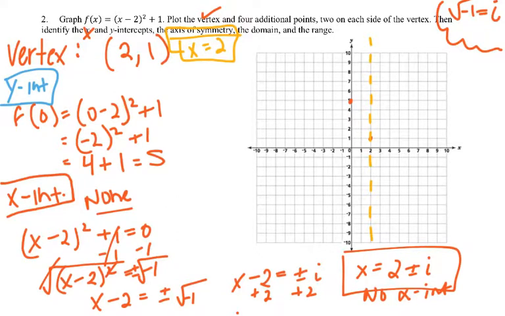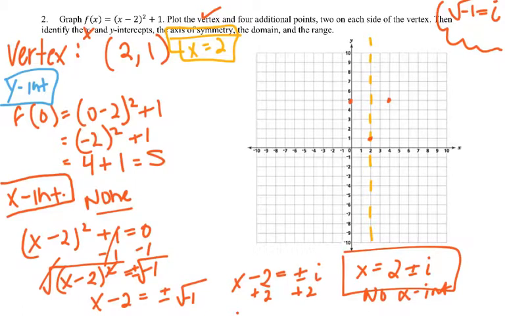Because if I know that I have 0, 5, which is 2 points away from our axis of symmetry to the left, I would also have the point 2 points away from the axis of symmetry to the right at that same y value. So we automatically can get that 4, 5 coordinate.